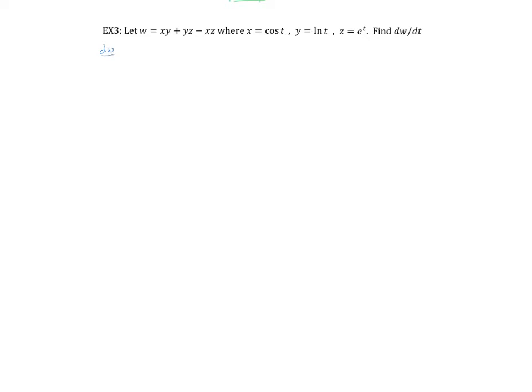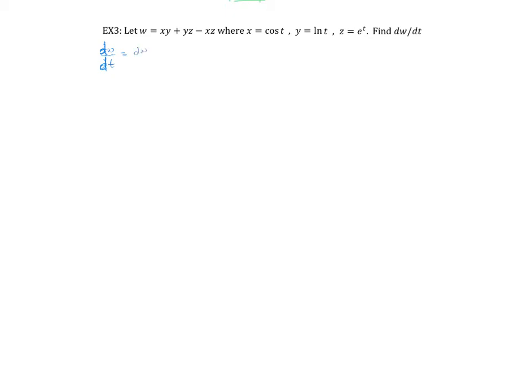If you're okay with realizing, oops, that's not supposed to be partial. Sorry, I'm on autopilot a lot, and I do this a lot. It's not a partial derivative. So notice that w is written in terms of x, y, z. So I'm going to have 3 branches.